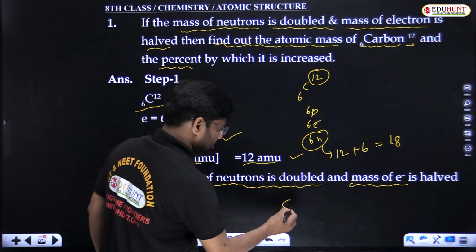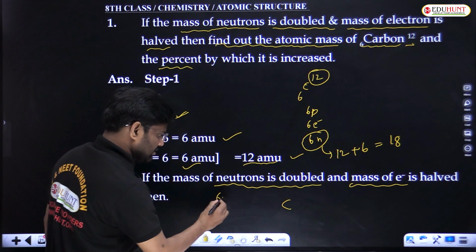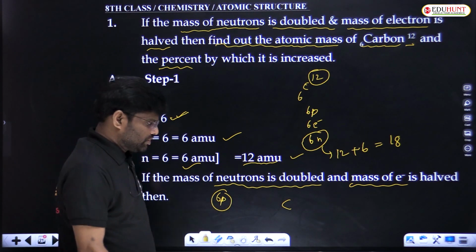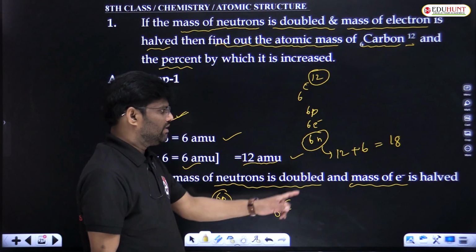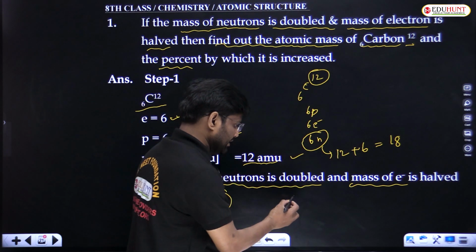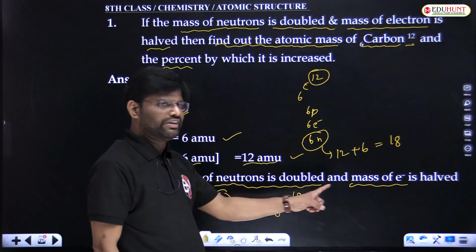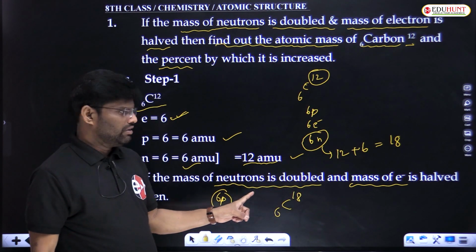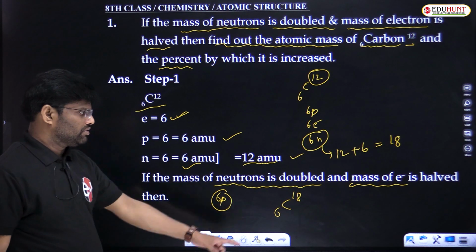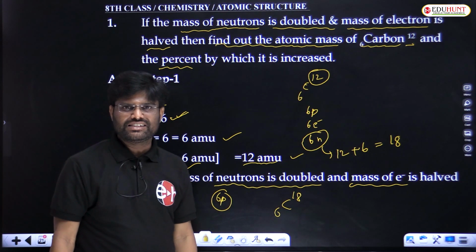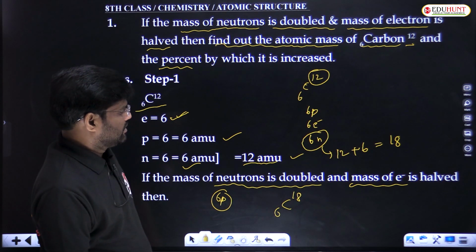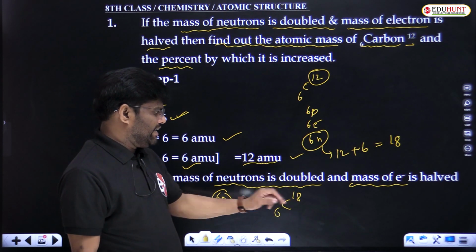Carbon protons 6 did not change. According to the given data, this becomes 18. So C 6 18. Right, let's go to the next part.